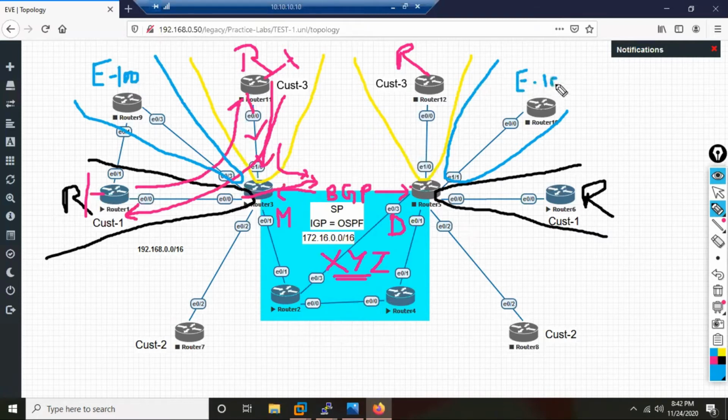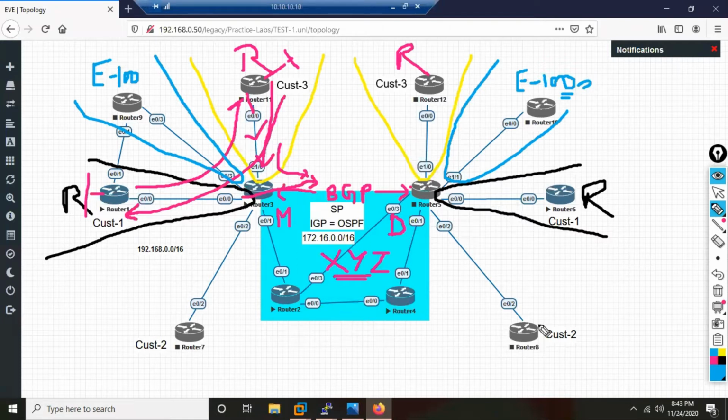So when this customer is running EIGRP AS 100, did this customer take permission from anybody to use AS number 100? Do they require any approval from Cisco or IANA? No. This AS number in EIGRP is locally significant. Anybody can use any AS number.